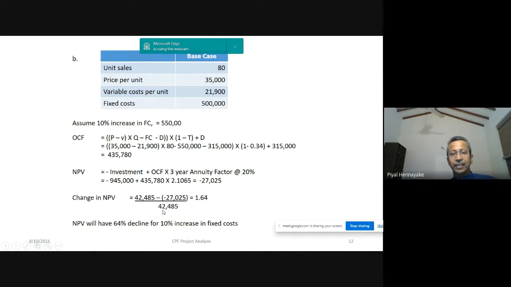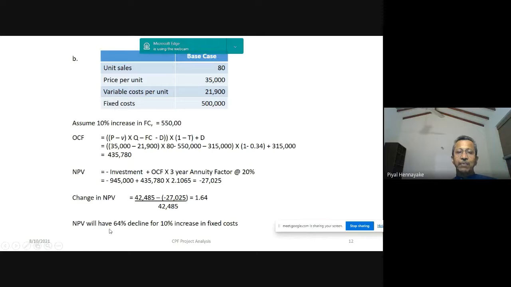Like we did in the second example, we look at how much the NPV has changed. The base case is 42,485, now minus 27,025, so the difference is about 69,000 divided by 42,485, which is 1.64.